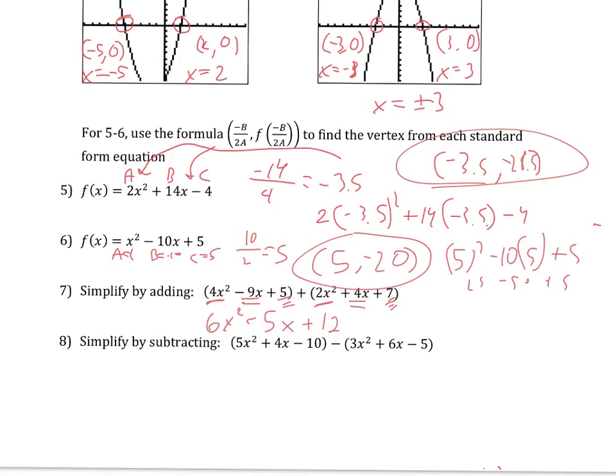Number 8 is subtracting in the middle. So again, notice the difference between this is plus and that's minus. That makes these problems quite a bit different. One way you can take that into consideration is right away, this really means minus 3x squared, but also minus 6x.